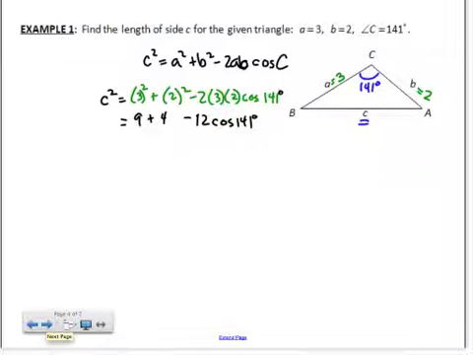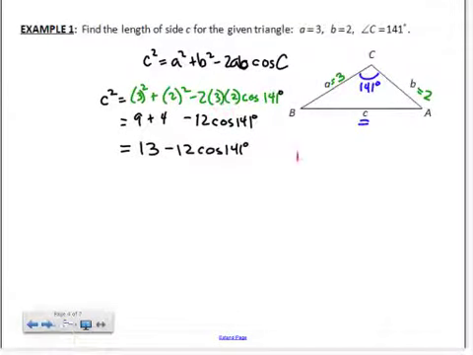Because this is in degrees, guys, we're going to have to make sure that our calculator is in degrees. So we get this equals 13 minus 12 cosine of 141 degrees.